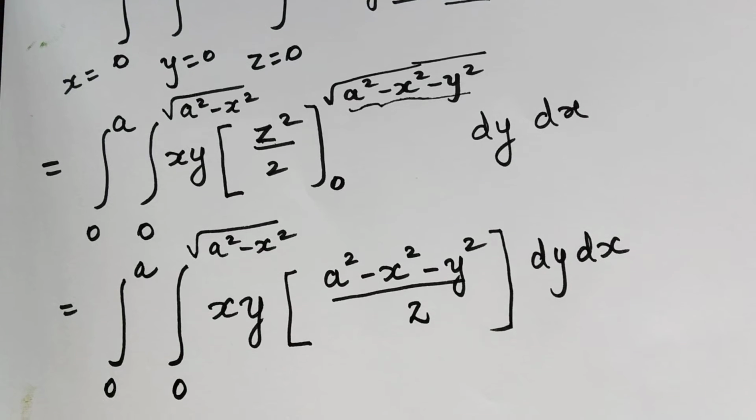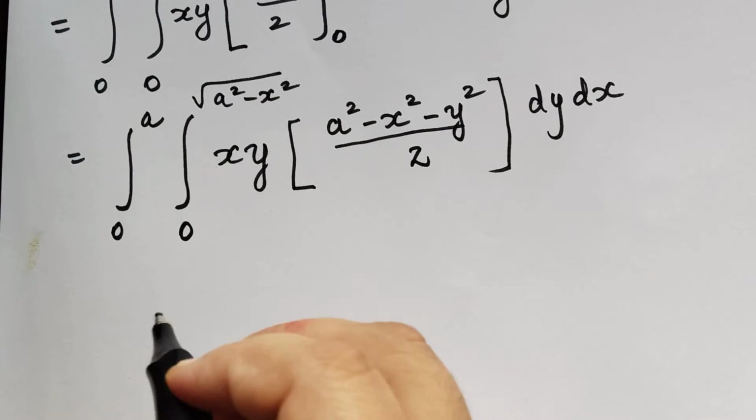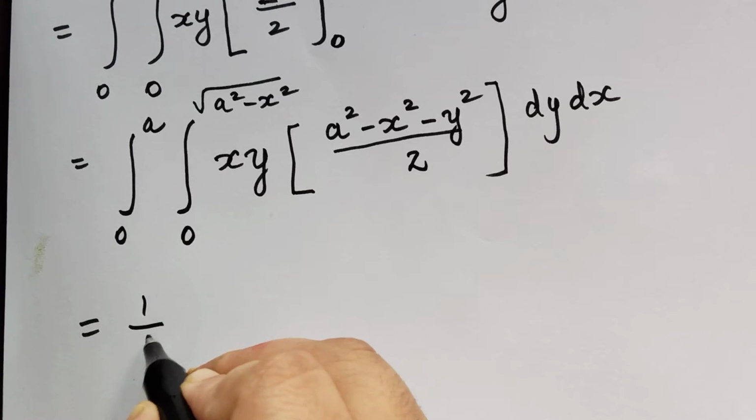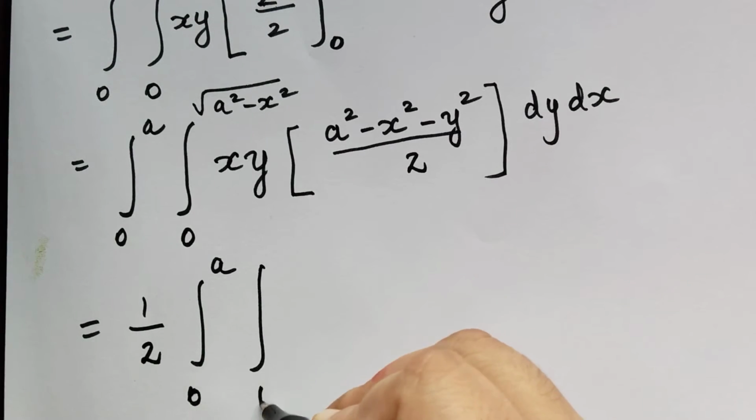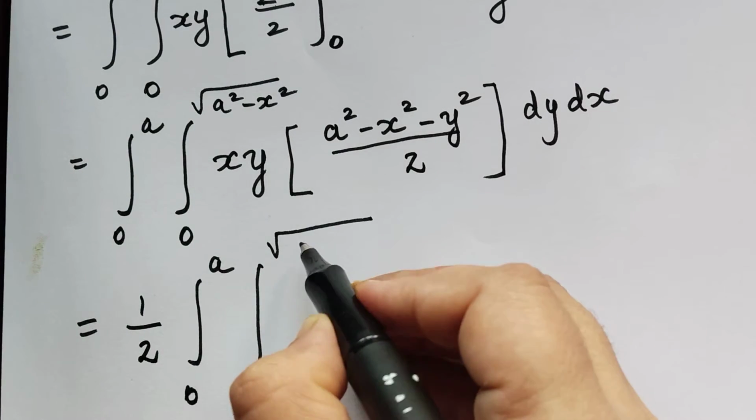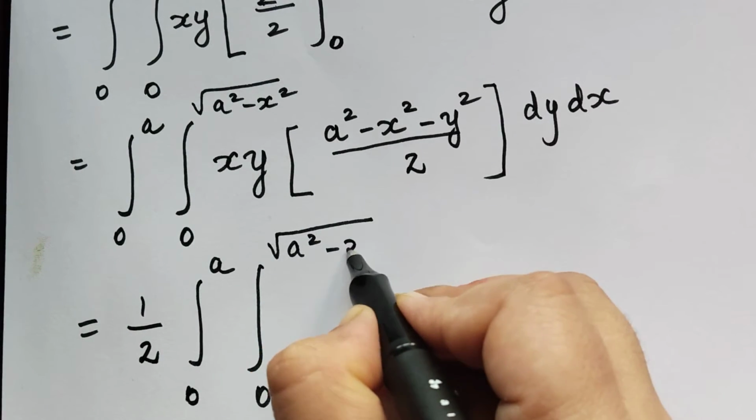This 1 by 2 is a constant which can be taken out. So this will be equal to 1 by 2 integral 0 to a, integral 0 to square root of a square minus x square.